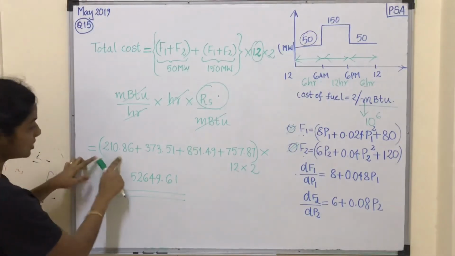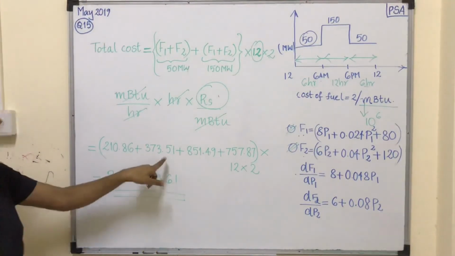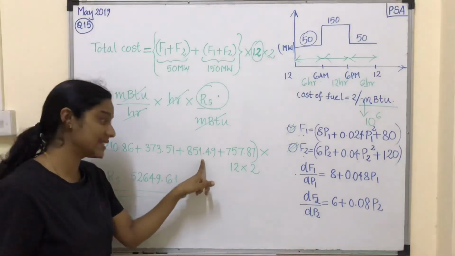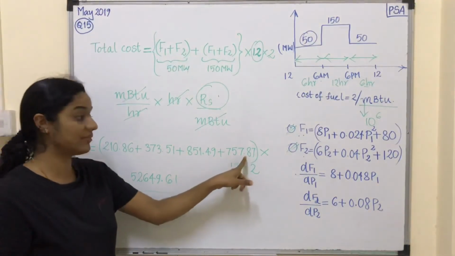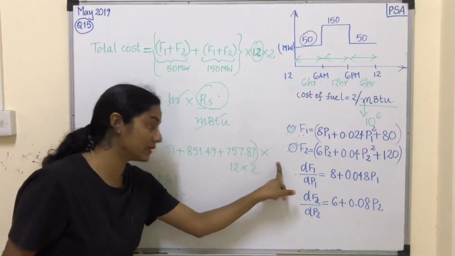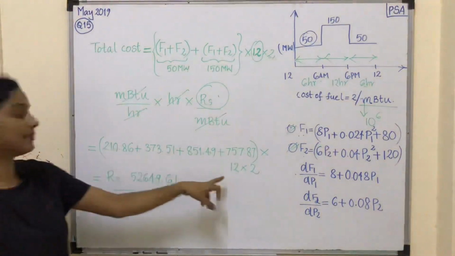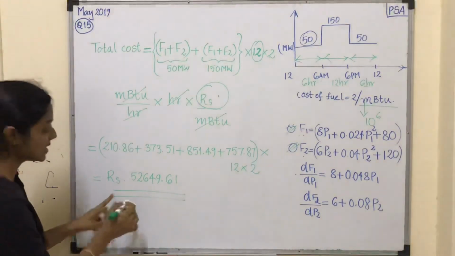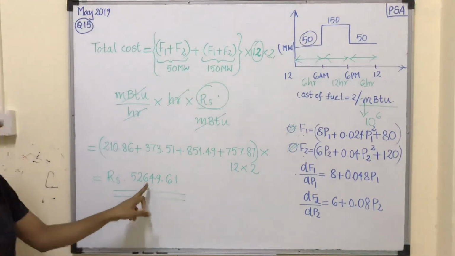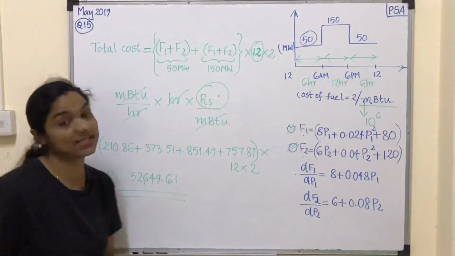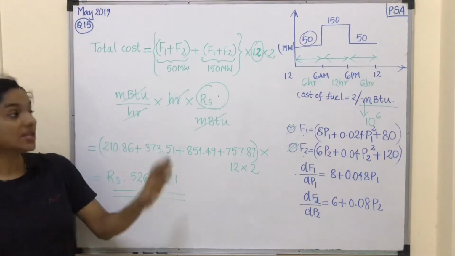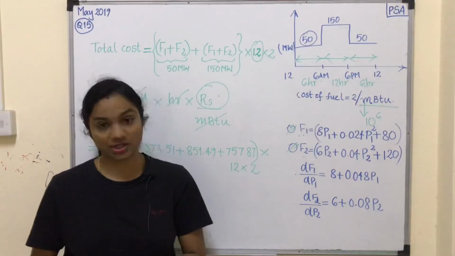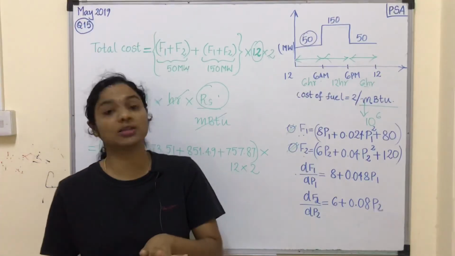That is 210.86 plus 373.51 plus 851.49 plus 757.87, the whole sum multiplied by 12 into 2, that is 50,649.61 rupees. Okay, so this is the minimum cost of generation.